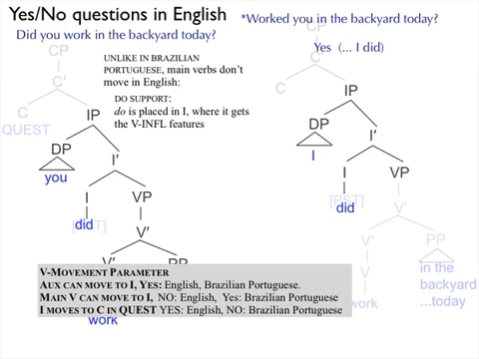Auxiliary can move to I. Yes, in English, Brazilian Portuguese would be the same. The auxiliary verb can be in the I node. A main verb can move to I in Portuguese and French and most of the European languages and probably most of the languages of the world, except English.